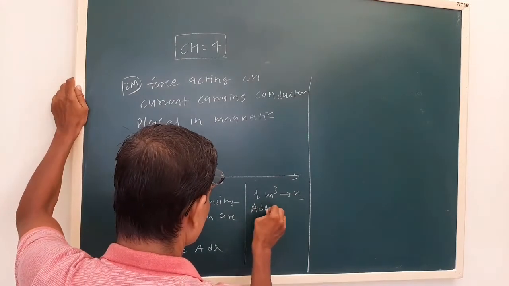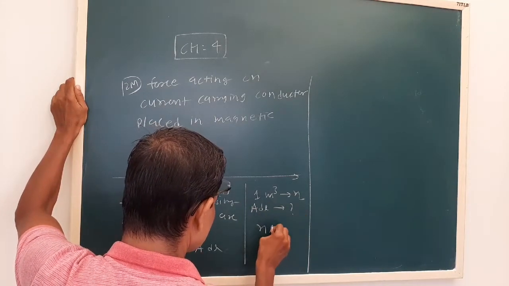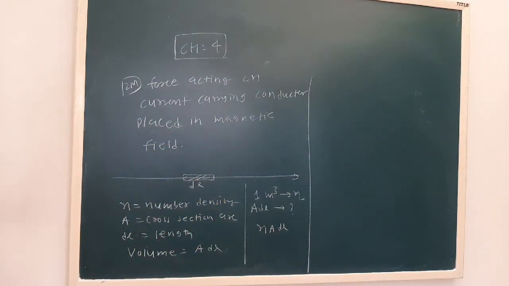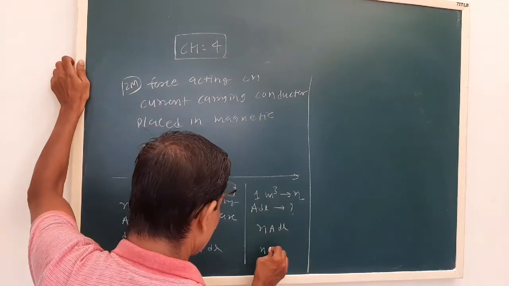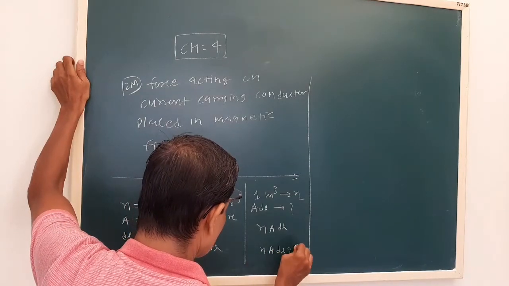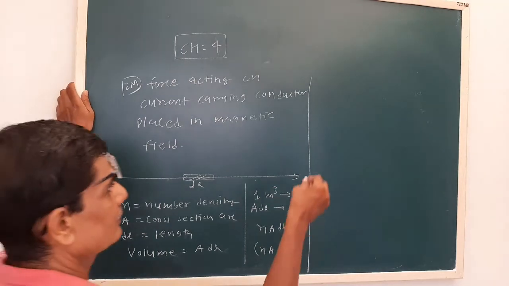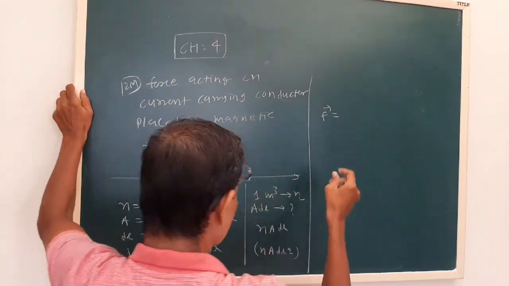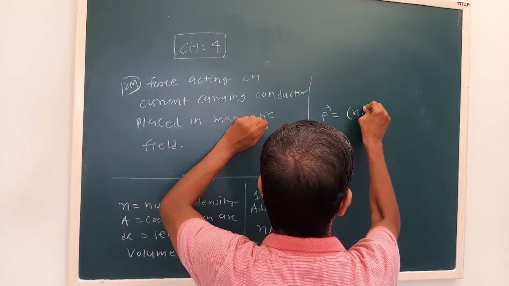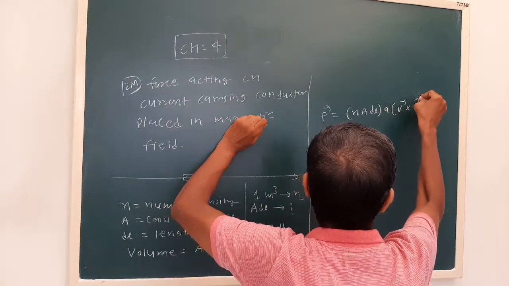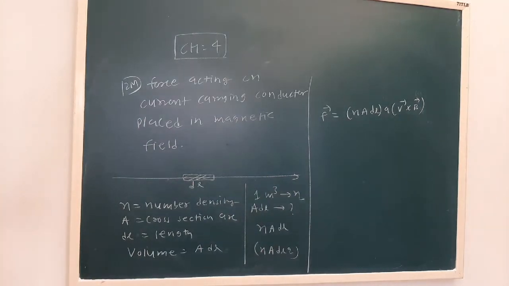So in A dl, the total number of charges is n A dl. Q is the charge, so the total charge will be n A dl into q. Now the force will be q v cross B, which we have seen just now.